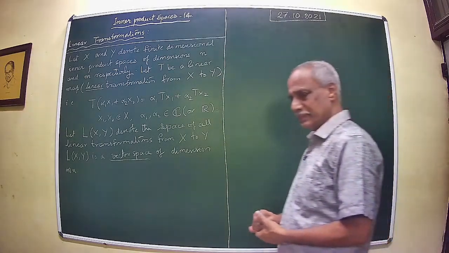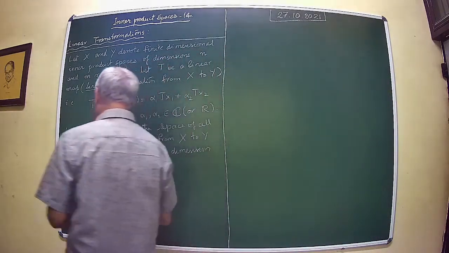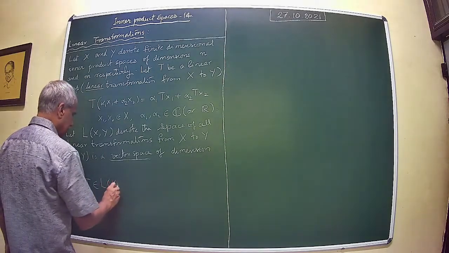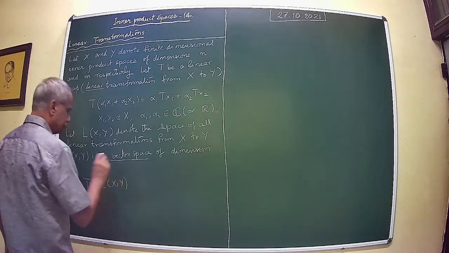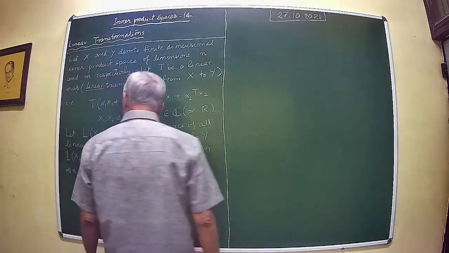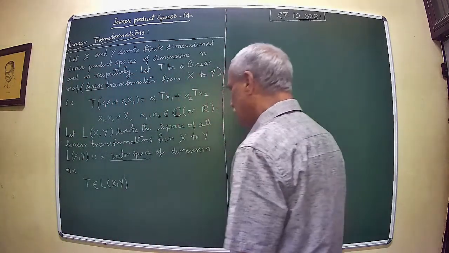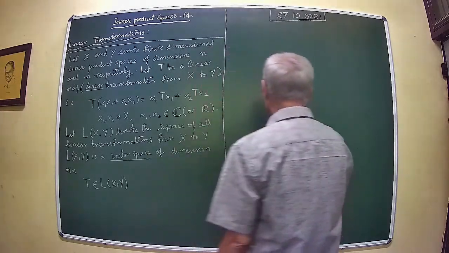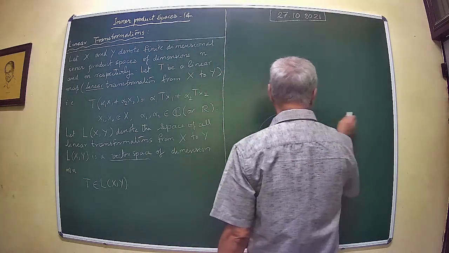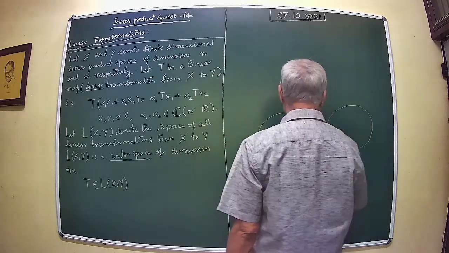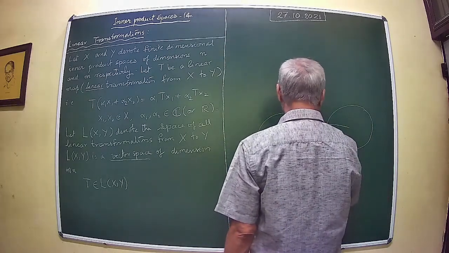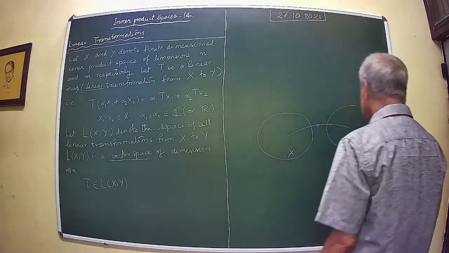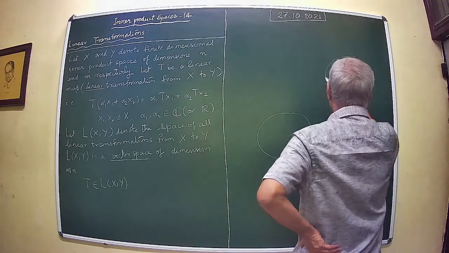So let us explore this problem. So suppose you start with a T belonging to L(X,Y). Now what you have is this. Let us look at the picture, some diagram to help you work this. Then you have Y star and X star.